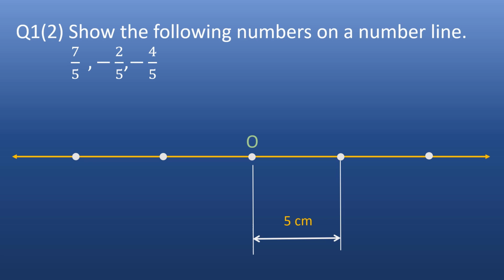As the denominator of rational number 7 by 5 is 5, take scale 5 centimeter is equal to 1 unit. Show positive integers on the right side of origin and negative integers on left side of the origin.